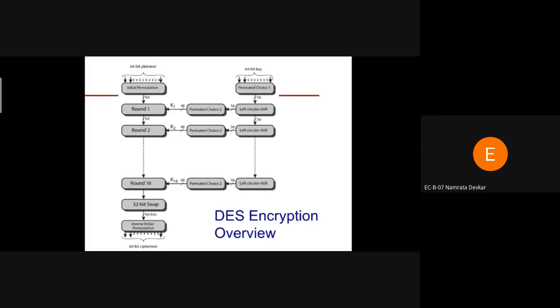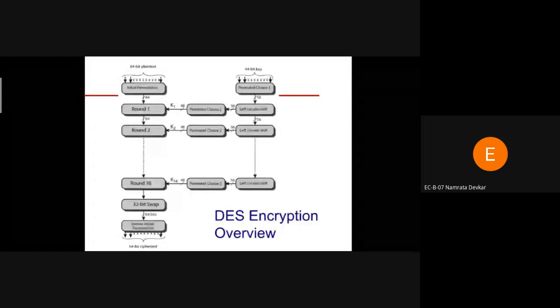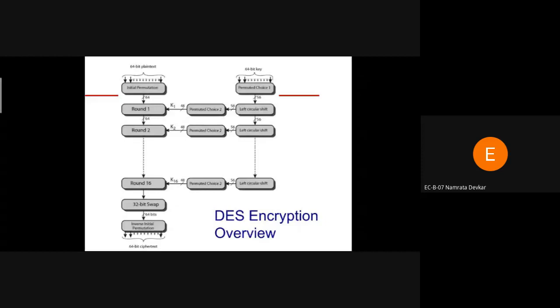And the second step is that we have to convert the 56 bits into 48 bits. Why? Because we have to provide the same key for all the rounds. In the DES algorithm there are 16 rounds, and for the 16 rounds we have to provide the key. The 48-bit key is divided into two 24-bit halves.